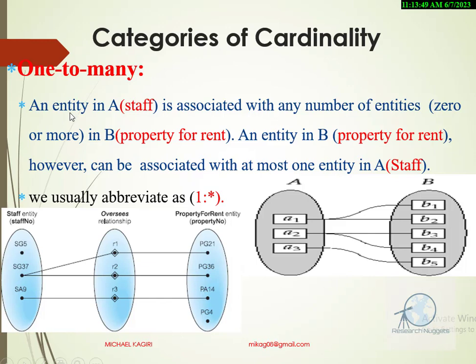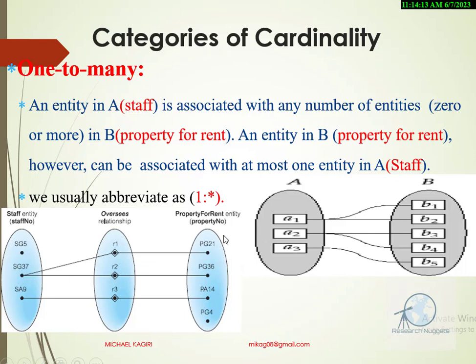So we are saying that an entity in A, which in this given case can be SG5, SG37, or SA9, can be overseeing 0, as you can see SG5 is not overseeing anything, or can be overseeing 1, as we are seeing SA9 is only overseeing one property, or can be overseeing multiple, as we are seeing with SG37.